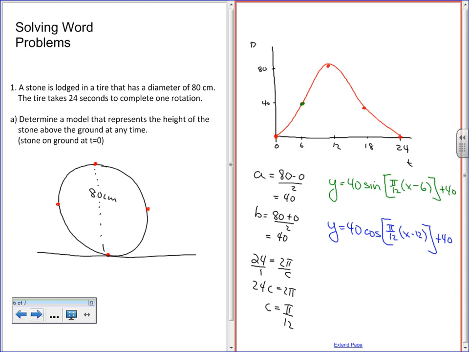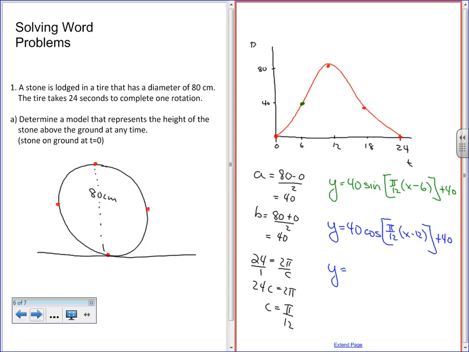So either one, the green one or the blue one, represents the red graph. Either one is going to work. There's a third one I could use. Well, there's an infinite number of ones. But how can I use the cosine curve if I didn't even want a phase shift? Yeah, you could just make the a value negative. Awesome.